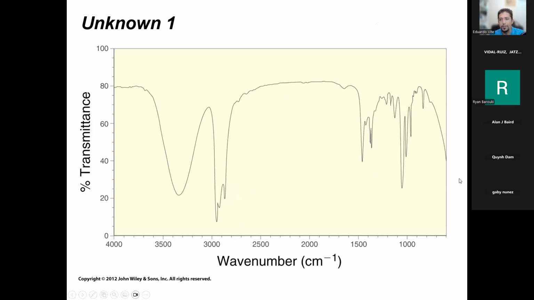Unknown number one. What do you see here? OH broad stretch at 3300. Yep.